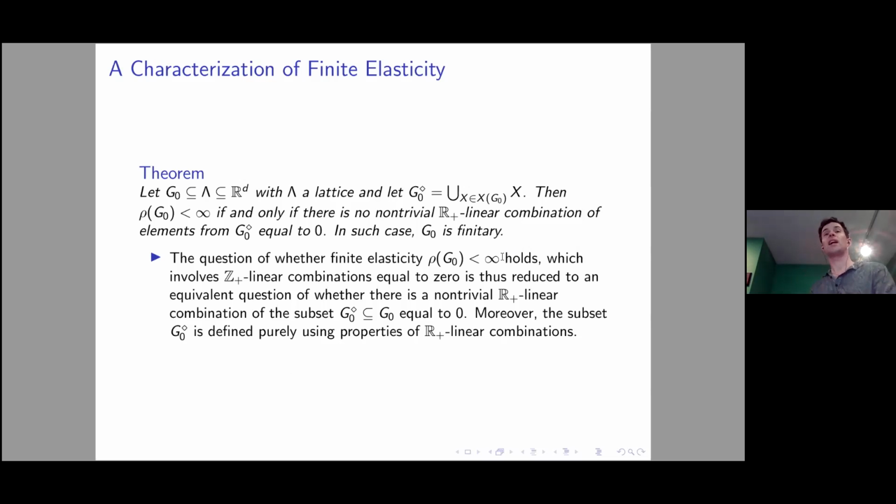That subset, which is defined in terms of this special system X naught, is only defined in terms of positive R-linear combinations. Of course, it's a more complicated object, but we only need positive R-linear combinations to define it. So this theorem takes this very discrete problem of determining whether the elasticity is finite, involving positive linear combinations over the integers, and says it's equivalent to a different type of problem involving only positive R-linear combinations.